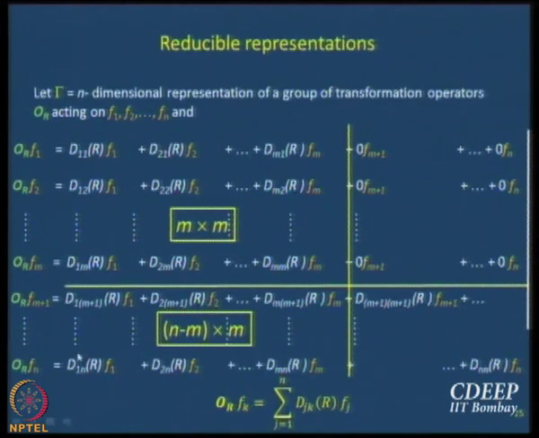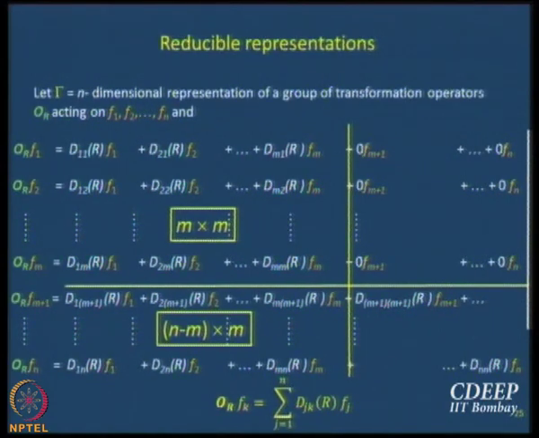How many elements will be there from here to here? This is n, this is m, so this is n minus m. Here we are going down, but in the actual matrix we will be going from left to right. So with respect to the transformation matrix, as far as the transformation matrix is concerned, it is an n minus m into m block.